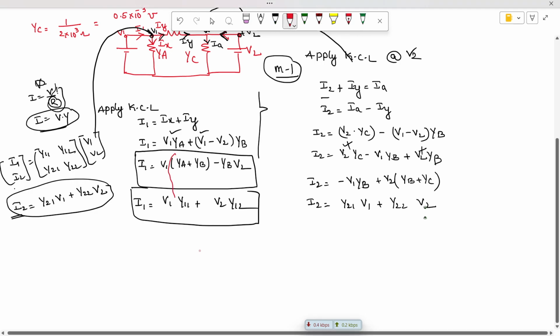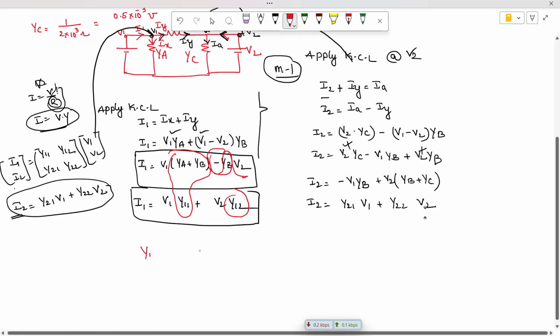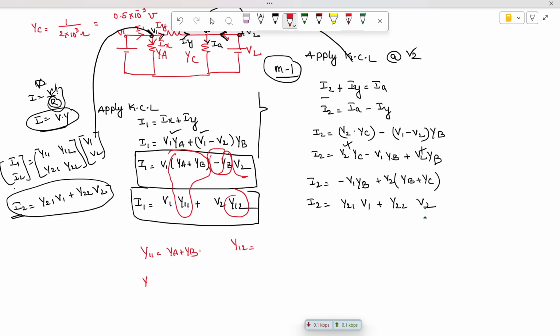So what is the value of y11? Y11 is ya plus yb. What is y12? It is minus yb. Therefore y11 is equal to ya plus yb, and the value of y12 is nothing but minus yb.